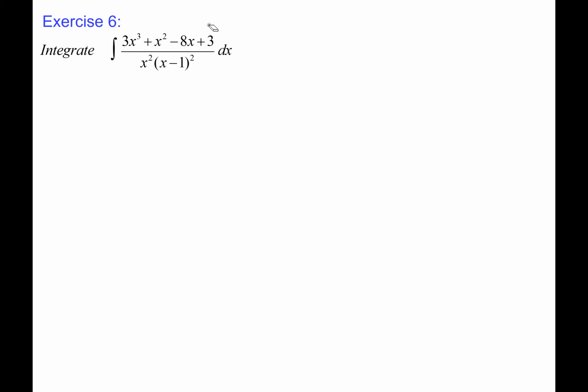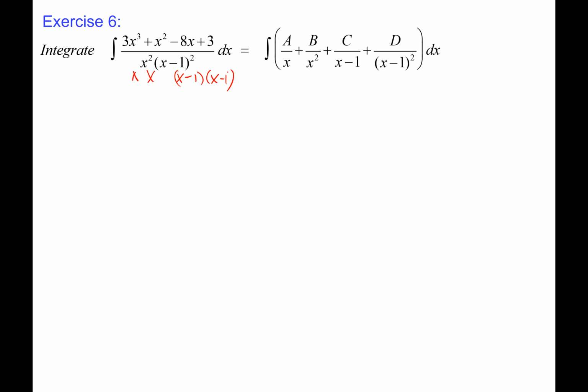Okay, that means x to the power of 4 is indicating that I will have 4 partial fractions. Okay? And we can see I have x, and I have x minus 1 and another x minus 1. Okay, that means let's see, that's my fractions. X and x squared, x minus 1 and x minus 1 squared.